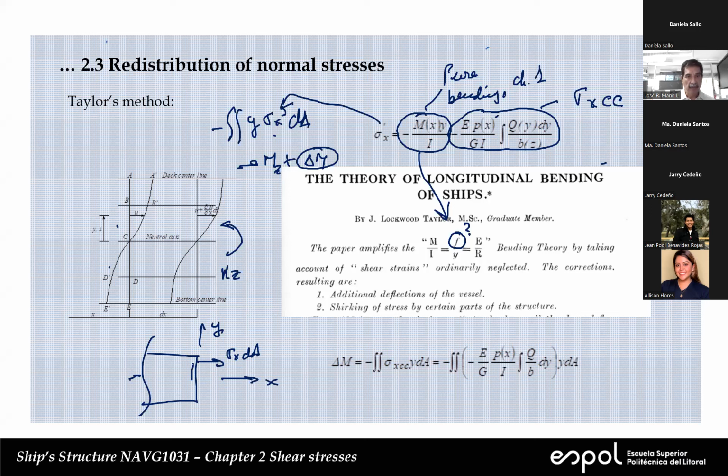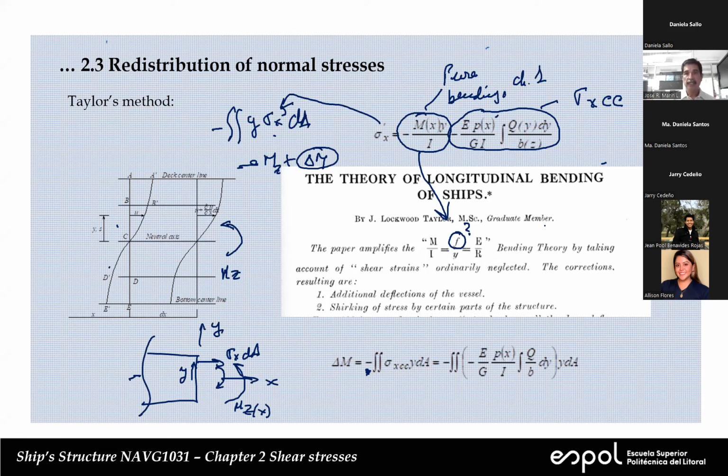We take the arm, which is Y, and it will produce a negative moment because this is a positive face, and we go like this for the positive bending moment. That's why we need this negative here.